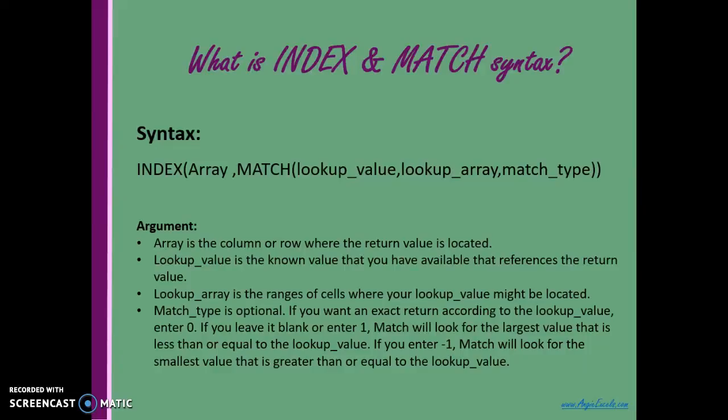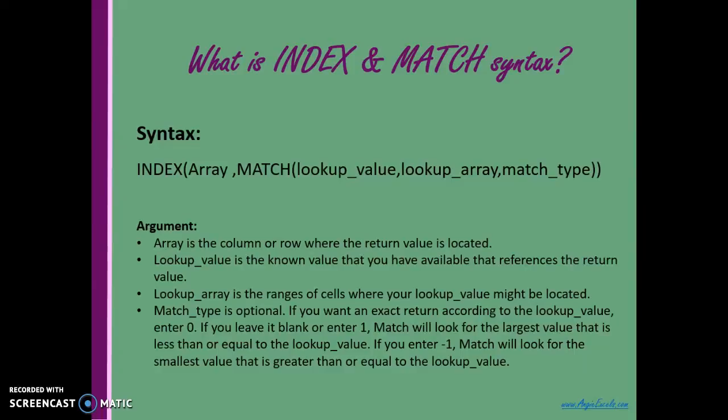If you leave it blank or enter 1, it will give you the largest value that is less than or equal to the lookup value. If you enter -1, match will look for the smallest value that is greater than or equal to the lookup value. I know that it sounds kind of gibberish, so pause this and look for the match tutorial that I have, where I explained it more and showed exactly what that looks like.